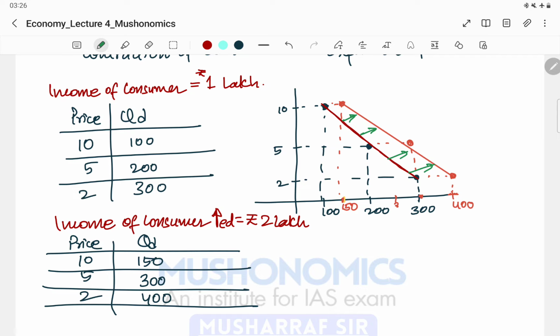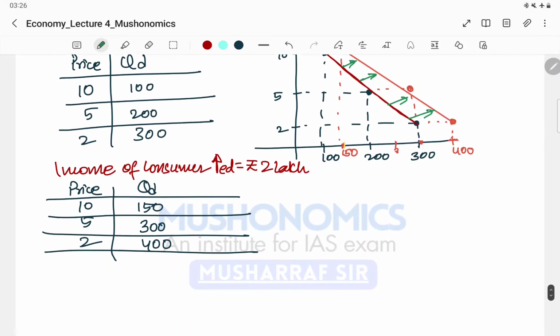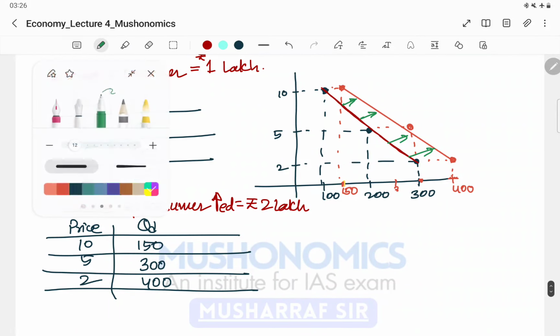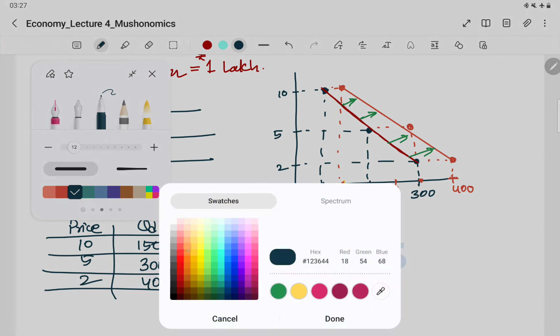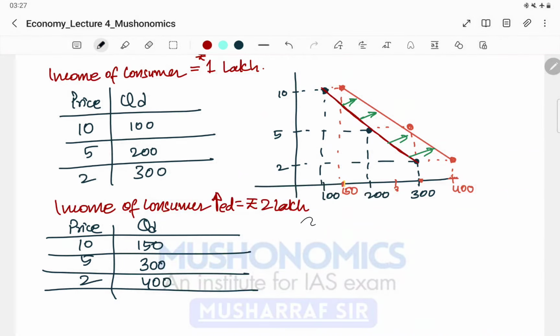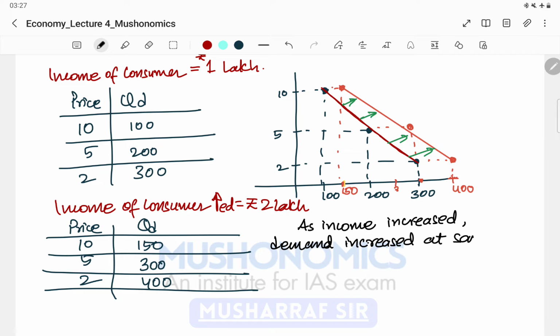So what we can say is, as income increased, demand increased at the same price.